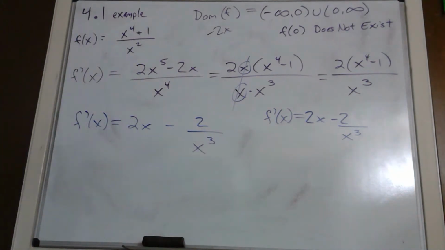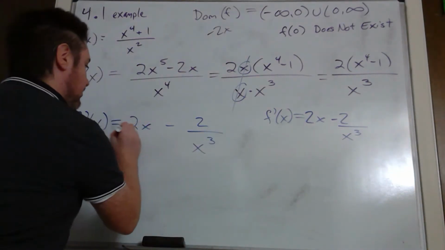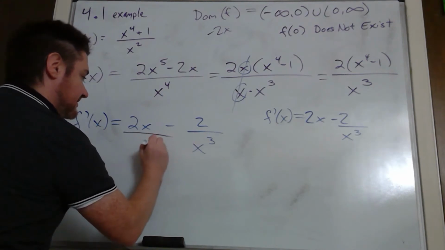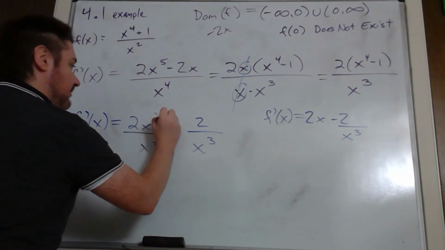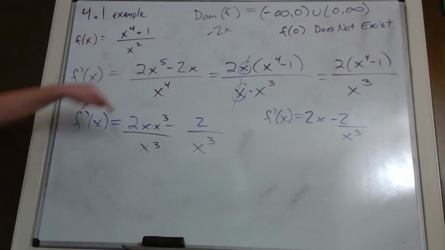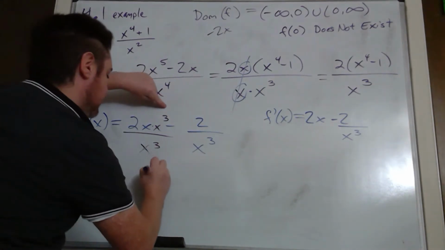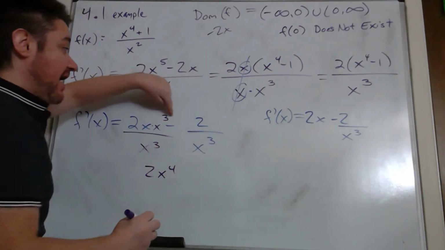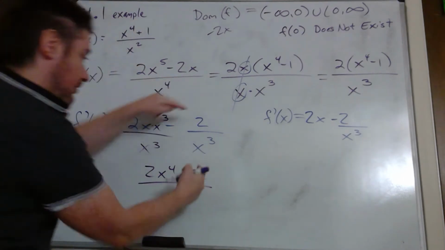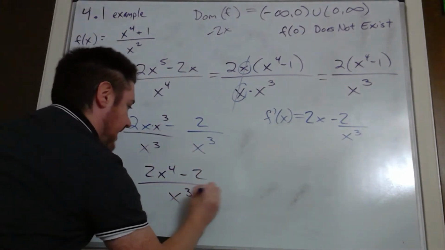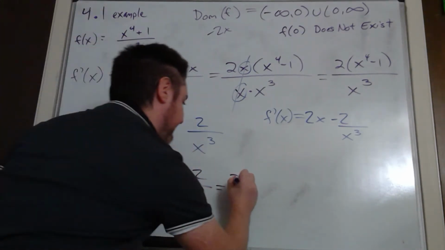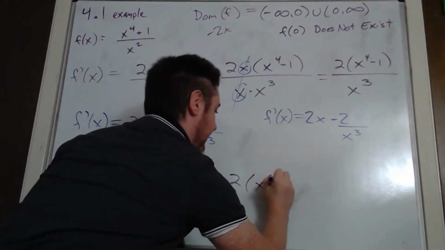We just need to get the common denominator here. So I want x cubed as my denominator, so I multiply the top by x cubed, and that does it. So now I've got 2x times x cubed is 2x to the fourth minus 2, all over that denominator, x cubed. And now if I pull the 2 out front, I got exactly what we have up there.